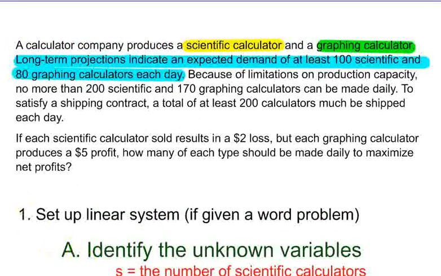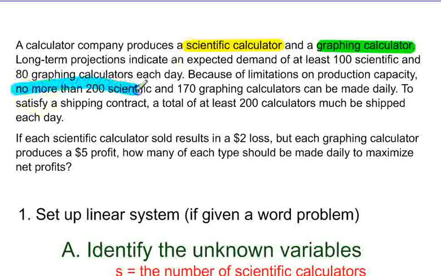The second sentence says, because of limitations in production, no more than 200 scientific and 170 graphing calculators can be made daily. So that means that S cannot be more than 200 and G cannot be more than 170.